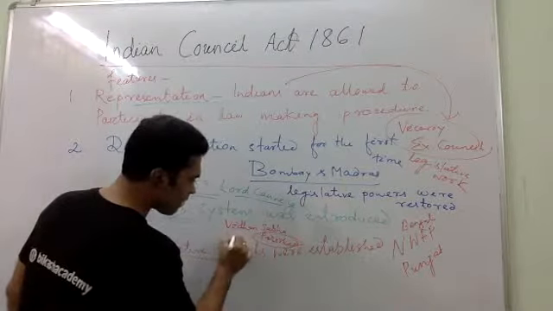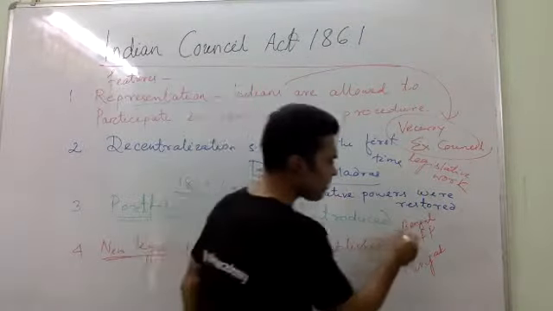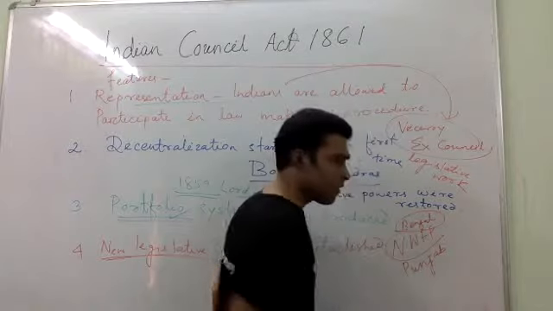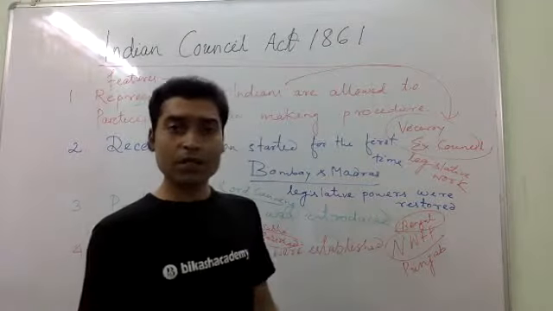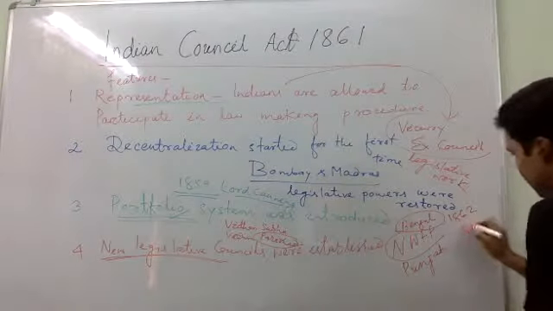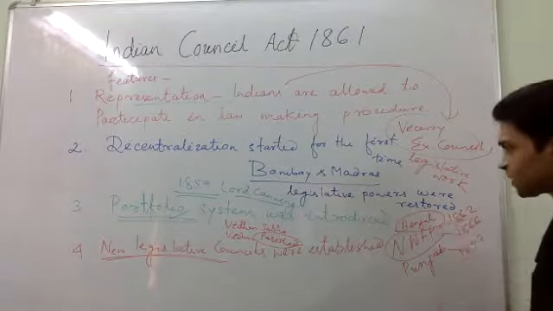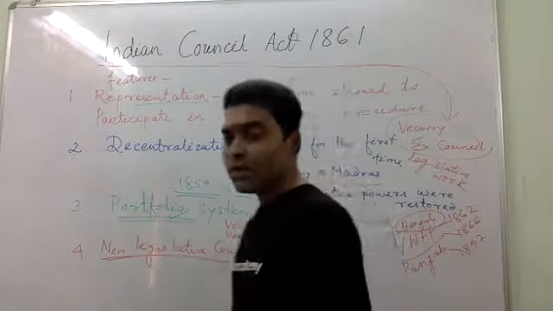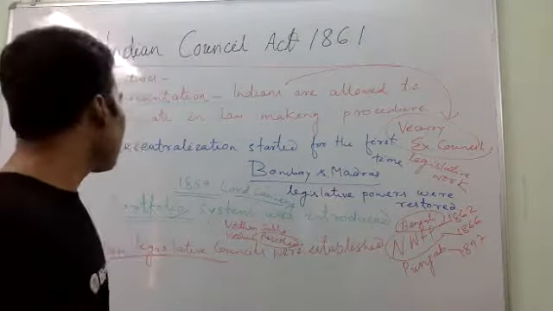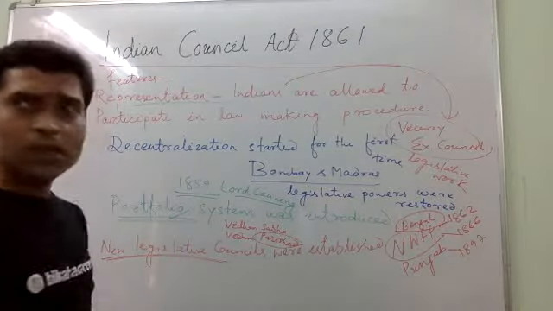This type of council was established in Bengal, the Northwest Frontier Province, and Punjab, in 1862, 1866, and 1897. You have to remember these points because they are very important.